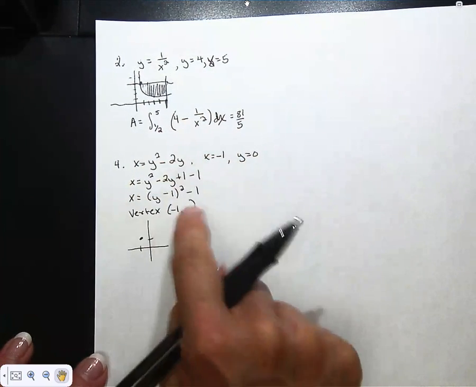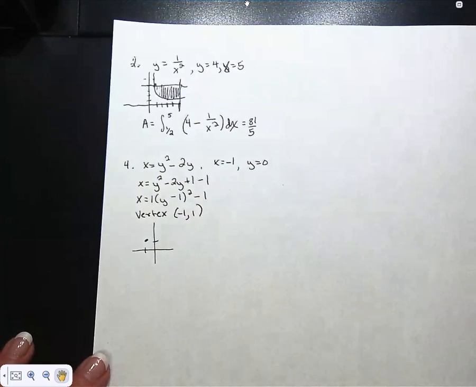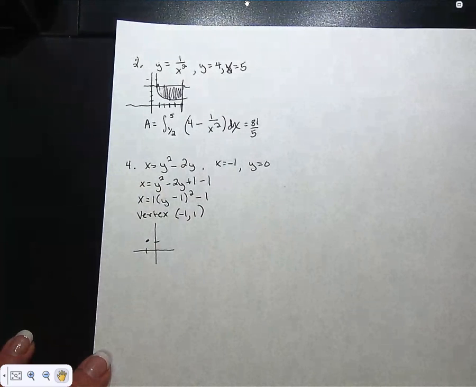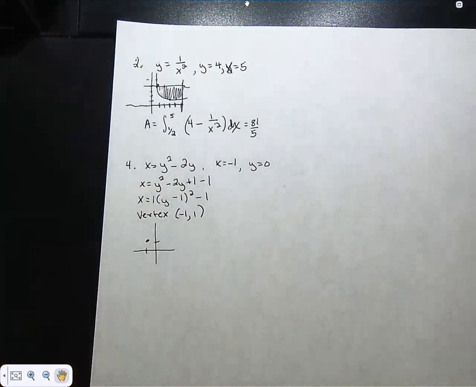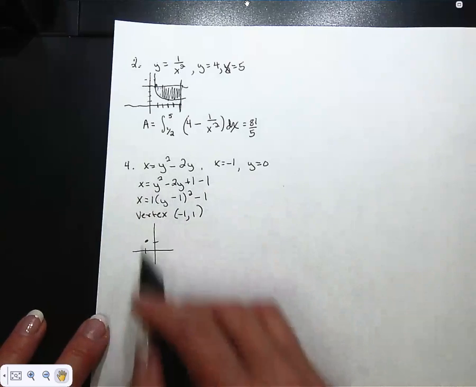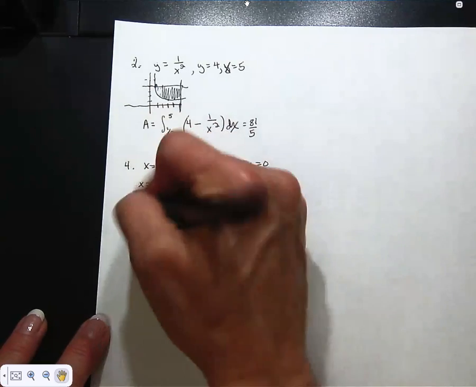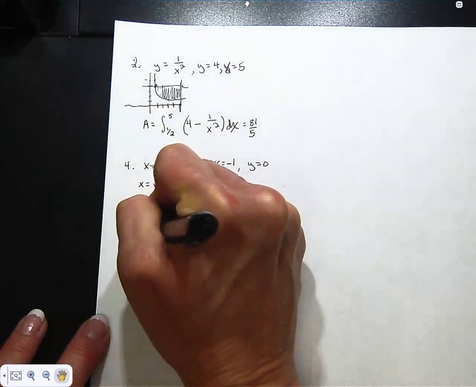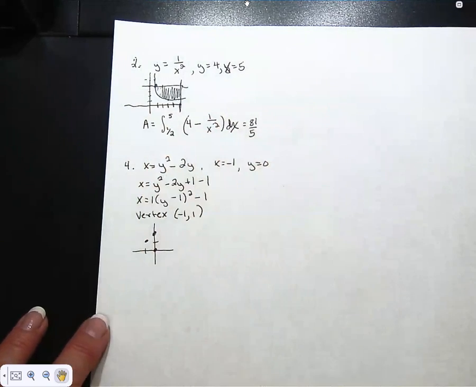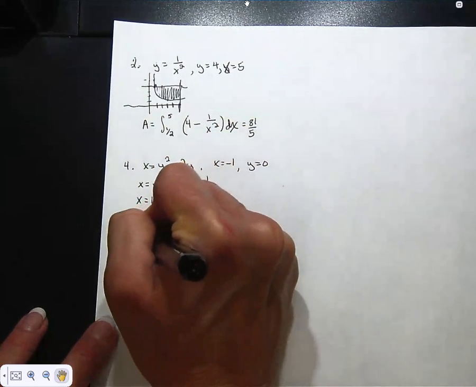It's a parabola that opens to the right because that leading coefficient's positive. If you let x be 0 to get the y-intercepts, when x is 0, y would be 0 and 2. So that's just 2 more points on the sideways parabola for you.